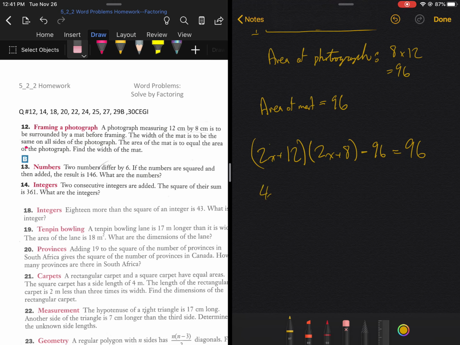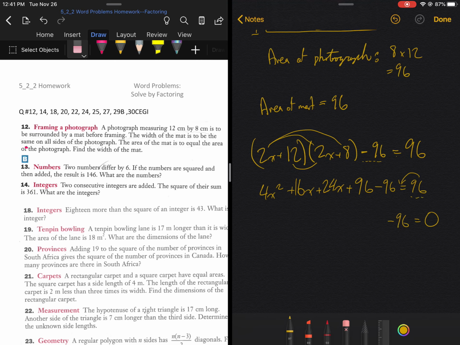So what does that mean? Well, let's FOIL. First is 4x squared, outside plus 16x, inside plus 24x, plus 8 times 12, which is 96.